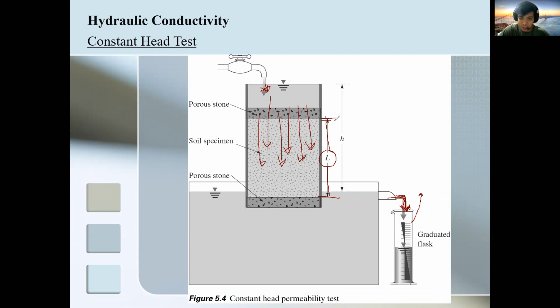So that is your L. Now again, your H is from the inflow or from the water surface going towards the bottom point of your soil specimen, which is this one, H. That is your H.